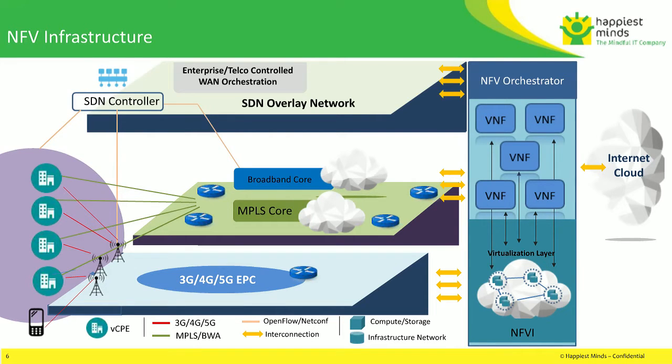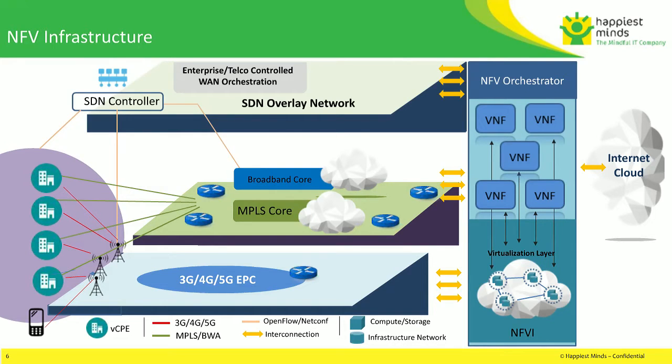Now coming back to the architecture, you would see 3 major components. On the left hand side are the centrally managed edge devices, which I just explained, and on the right hand side you have the NFV component consisting of the virtualized infrastructure, which ideally would be running on COTS hardware, and which has the VNF and the NFV orchestrator, which manages and configures the VNF to introduce new services.